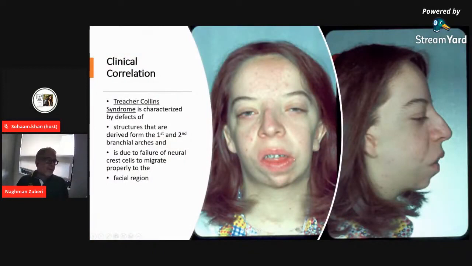At this time, problems may occur and certain syndromes may appear, like the Treacher Collins syndrome, that is characterized by defects of structures that are derived from the first and second branchial arches and is due to failure of neural crest cells to migrate properly to the facial region.